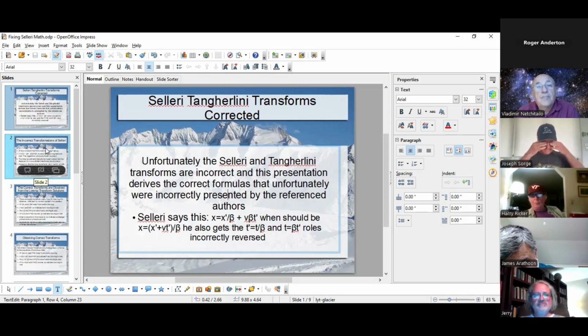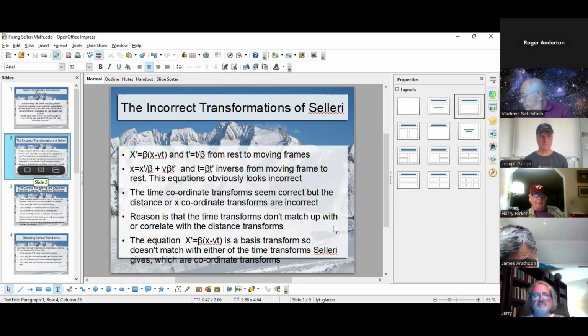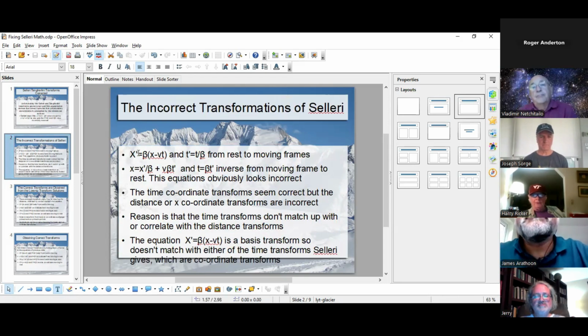He's using coordinate equations and a basis equation. The Solari equations are x prime equals beta x minus vt, and t prime equals t divided by beta.